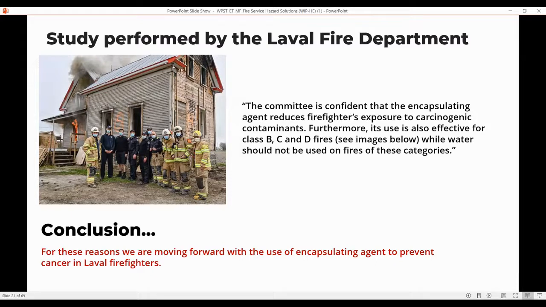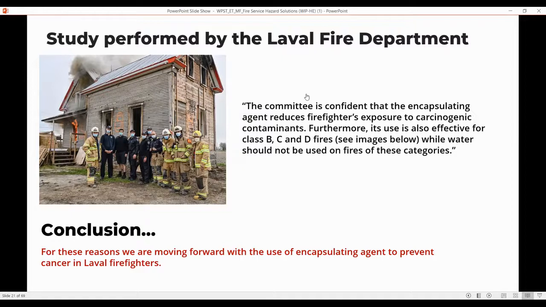They did a total of 3 burns, looking at if F500 was actually giving them better suppression, better extinguishment, but more importantly, what it was doing to lower the toxins that their members were exposed to.